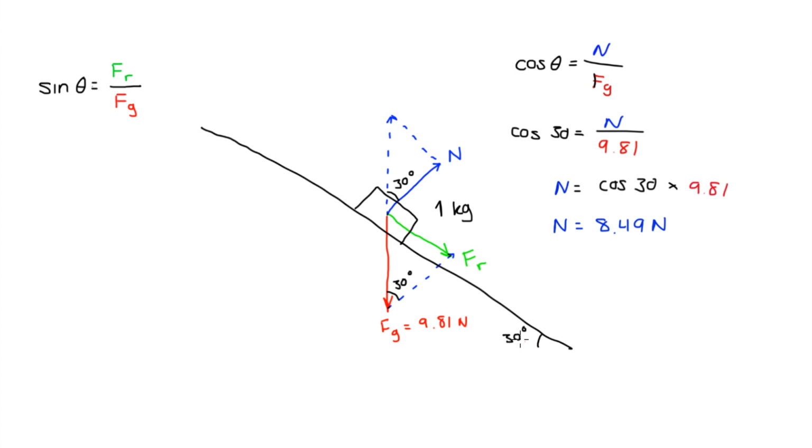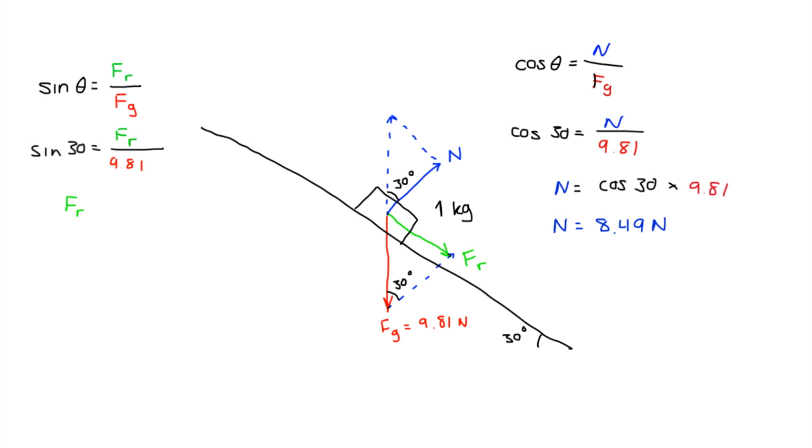And so, again, we input all the variables that we know. So sine 30 is equal to Fr, resultant force, over the force due to gravity, which is 9.81 newtons, and then rearrange it like we did before to isolate the resultant force.